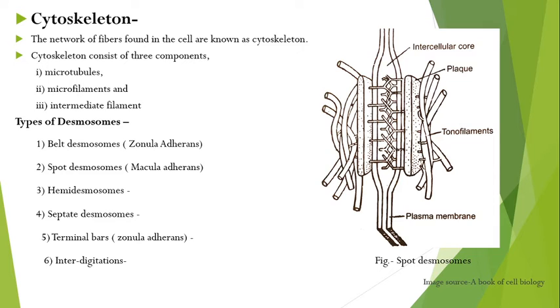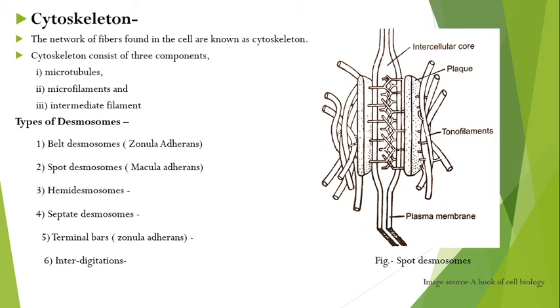See in the diagram, it is a spot desmosome diagram. So intracellular core, plaque structure, and tonofilament, plasma membrane. Desmosome means binding body. Here are two plasma membranes, that is the two cell membranes, and the two cells' intracellular cores, plaque and tonofilament. The spot desmosome is also called the fastening body or binding body.